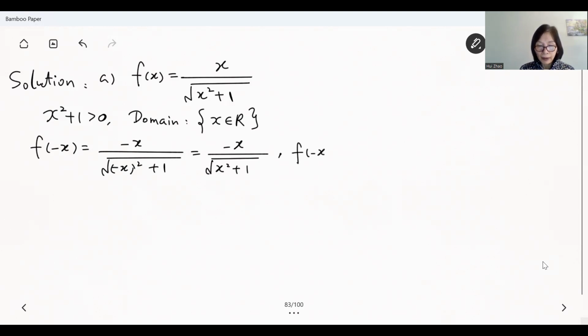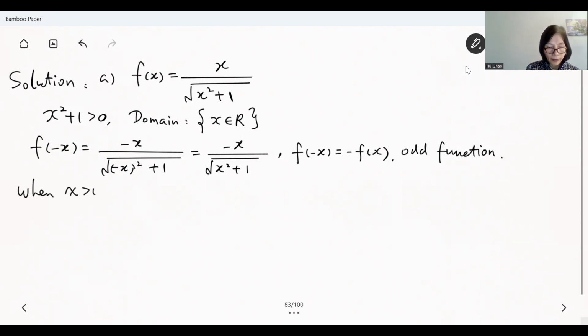Then f(negative x) equals negative f(x). That means the function is an odd function, right? When x is more than 0, y is more than 0. When x is less than 0, y is less than 0. So it is located in the first quadrant and third quadrant.